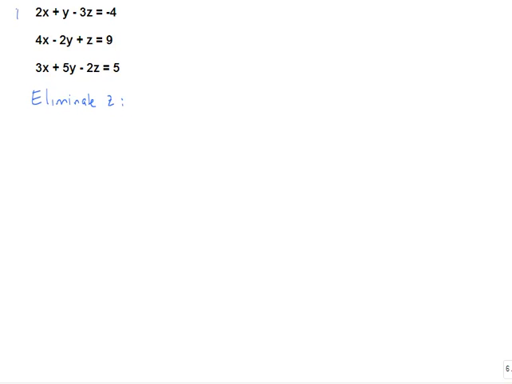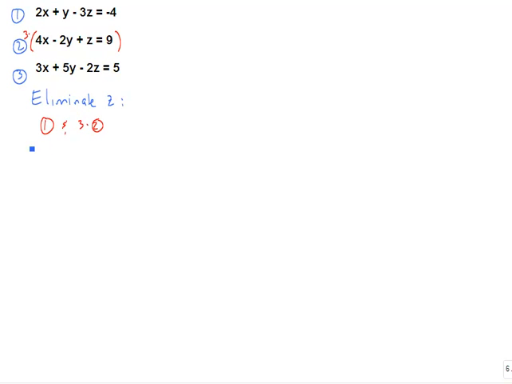If this is equation 1, equation 2, and equation 3, to eliminate z, I could take equation 1, which has a minus 3, and 3 times equation 2, so that I get 3's here, but opposite signs. So let's do equation 1 and 3 times equation 2.